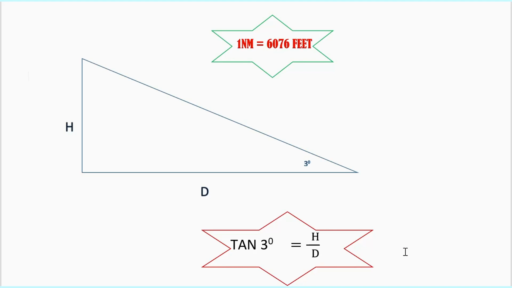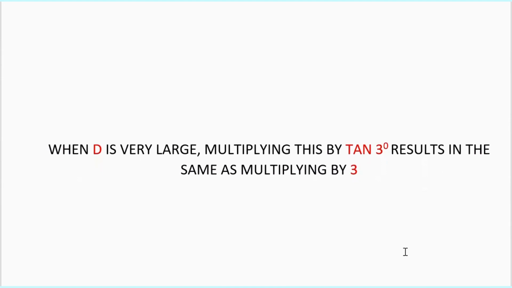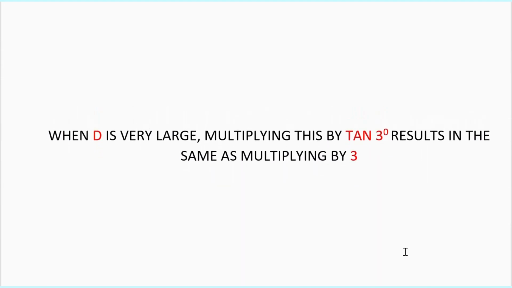Right, now we have to appreciate one very important fact, a concept of this mathematics. Whenever you multiply large numbers by the tangent of 3, the result that you get will be very much the same as multiplying the same numbers by 3.